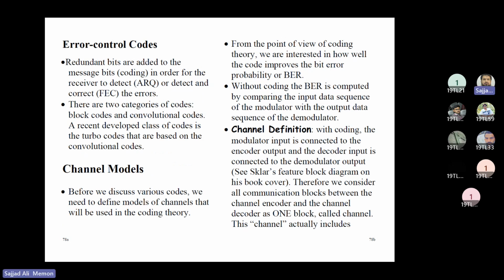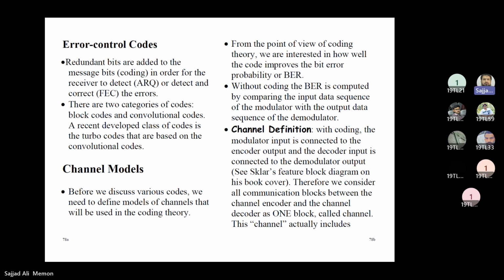So how do these error control codes work? Error control codes add redundant bits to the message bits. So there is actual information that we say the message bits, and the extra bits that are the code bits are the redundant bits that are added with the message bits in order for the receiver to detect in case of ARQ or FEC.